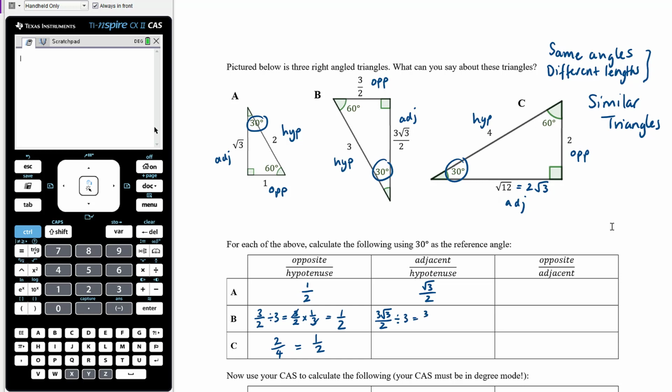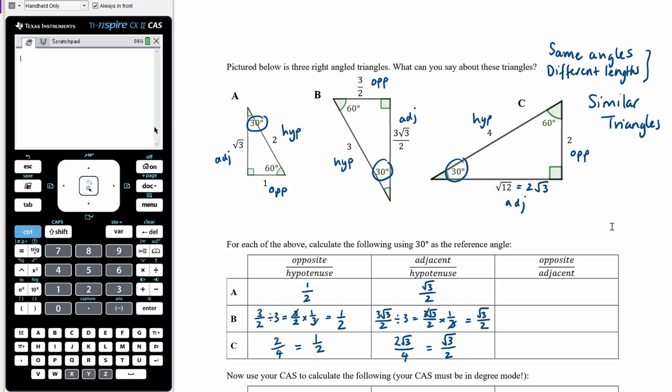So remembering, that's times by a third. The 3's are going to cancel, and so we get √3 on 2. And then triangle C, again, adjacent over hypotenuse, so that is going to be 2√3 over hypotenuse is 4. 2 and 4 will cancel down to be 1√3 over 2, so √3 over 2.